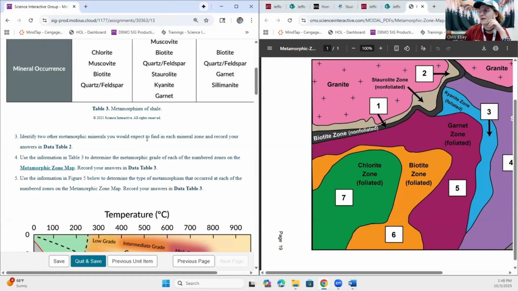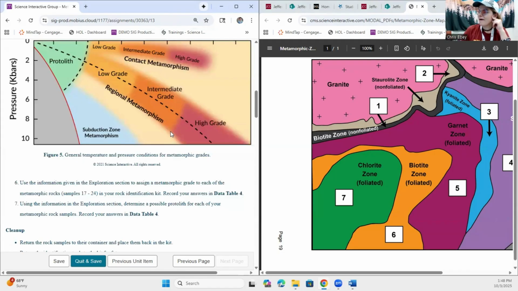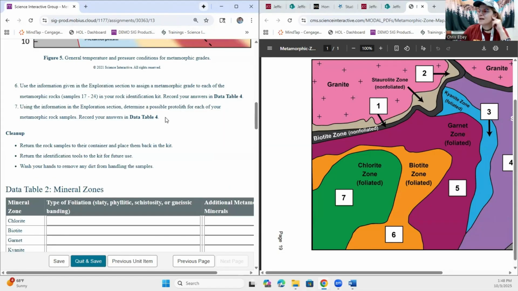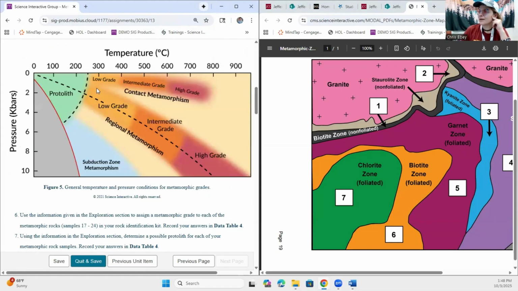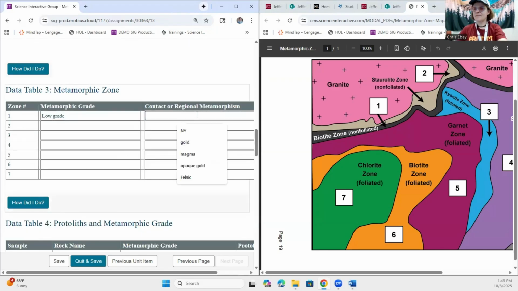It's a little party out there. So if it's non-foliated and it's low grade, most of the low grade is going to land in contact metamorphism. So we'll say contact. They really don't give you enough information to do this accurately.